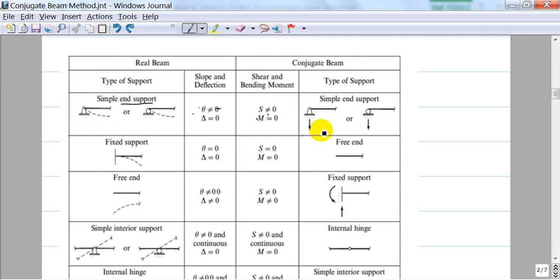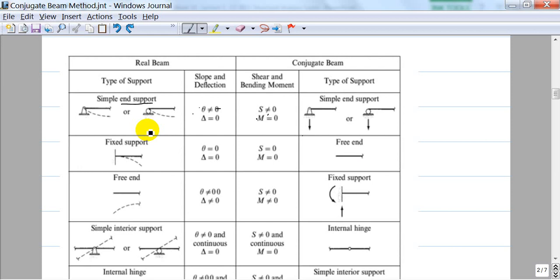Then if the support is fixed, you cannot have any slope and you cannot have any deflection here. That means at those supports in a conjugate beam, you can't have moment and you can't have shear force. So that point in a conjugate beam should be a free end, because at a free end there is no shear force and no moment.